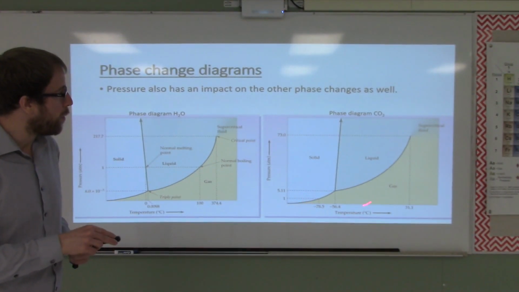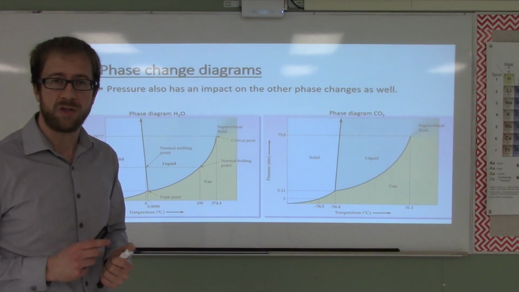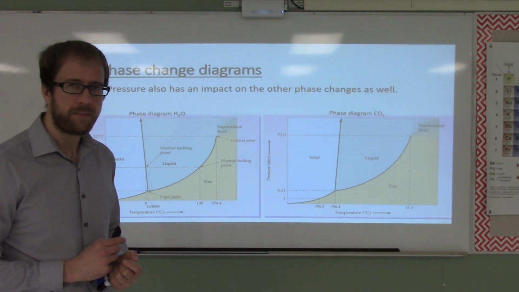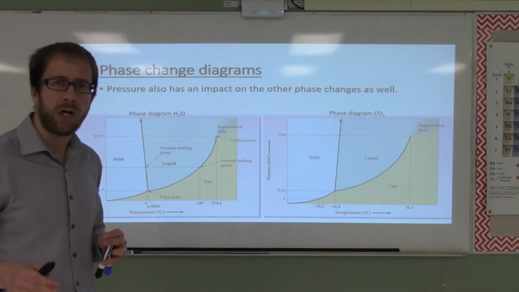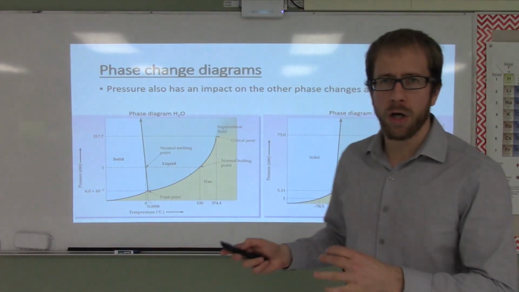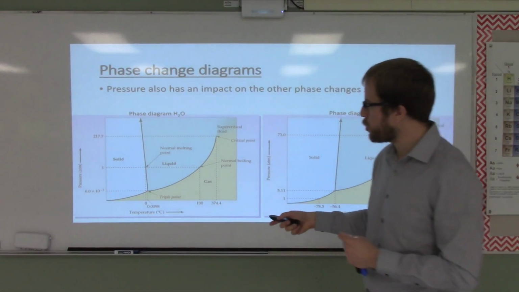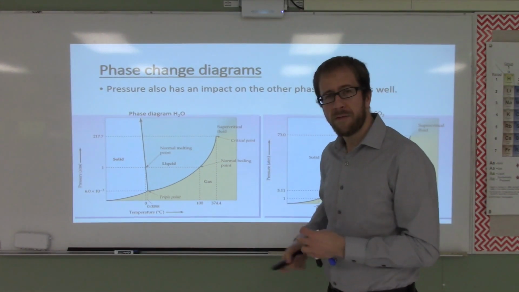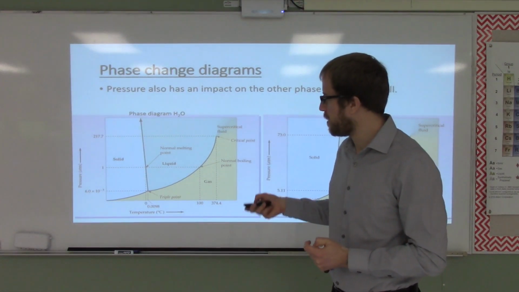So there are some other things that we can interpret from these graphs. Let's go back to that original question. Why is it that ice floats on water? So if we look here, as we increase the pressure on our H2O, what phase does it favor?